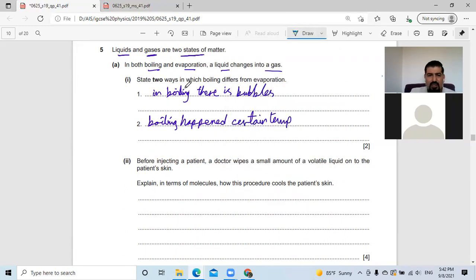We can continue saying, in boiling there are bubbles, but in evaporation no. Boiling happens at a certain temperature, while evaporation at any temperature.